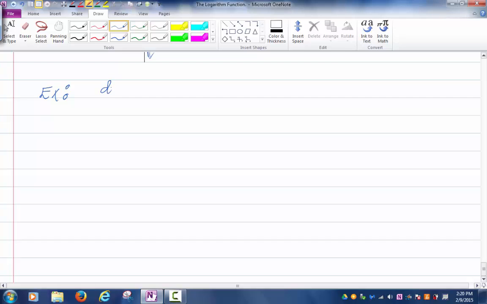What's the derivative with respect to x of ln of (x plus 1) over root of (x minus 2)? Okay, how would you find this derivative?